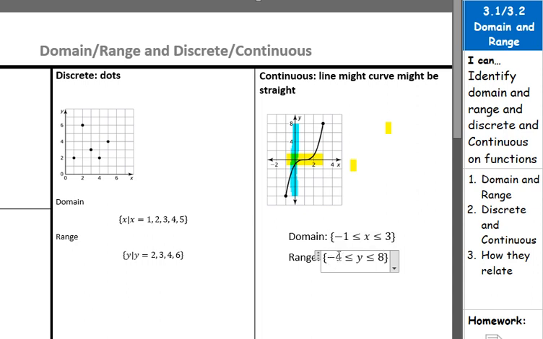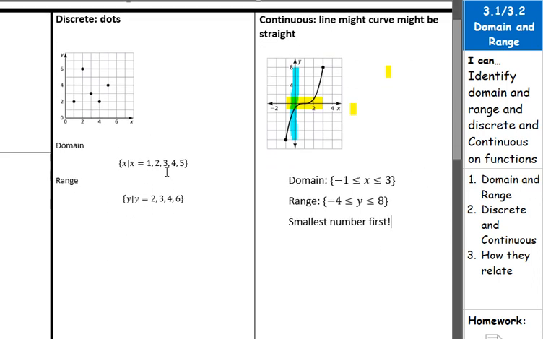So make sure your smallest number goes first. Biggest number is the last thing. Make sure we write that in our notes. Write that down. Okay. So that's how we deal with discrete versus continuous with domain and range.